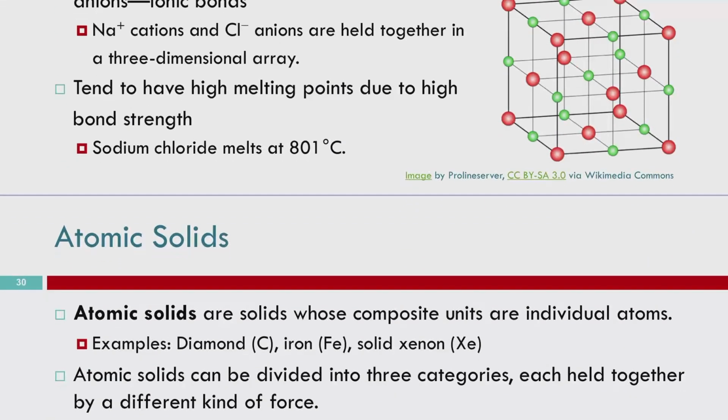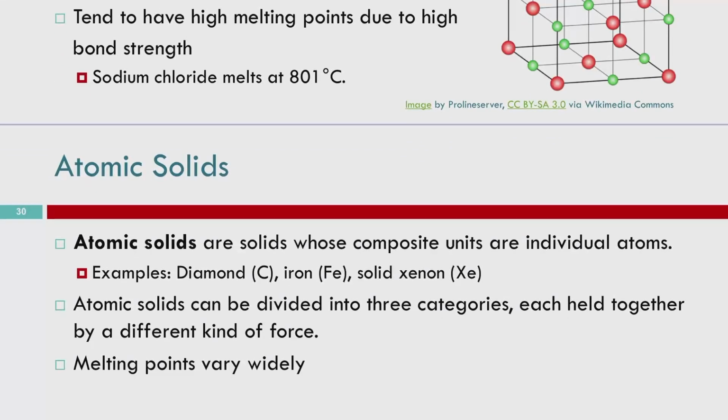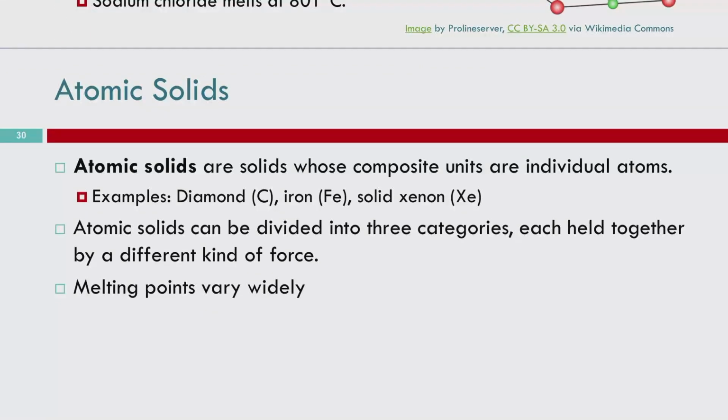And then our third crystalline solid is atomic solids. Atomic solids are made of atoms. And there are different types of atoms, lots of different types of atoms, as you can see on our periodic table.